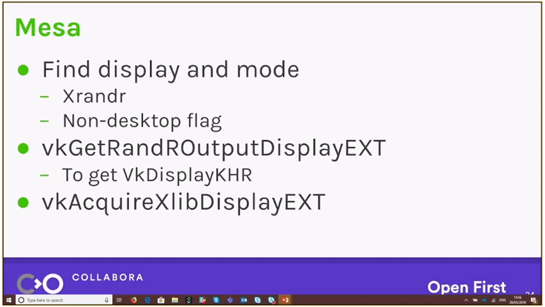Then we go from the X output to the Vulkan display, and then we call vkAcquireXlibDisplay. It actually takes the display.